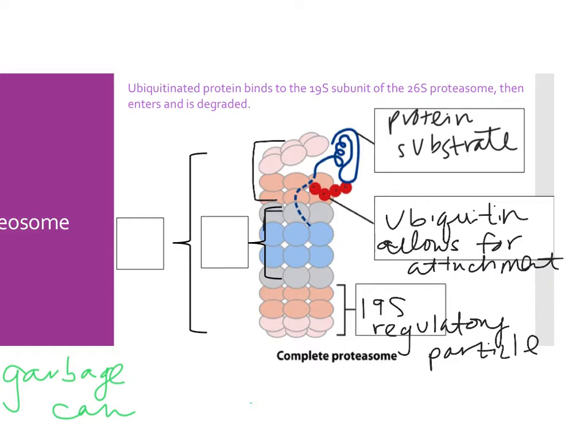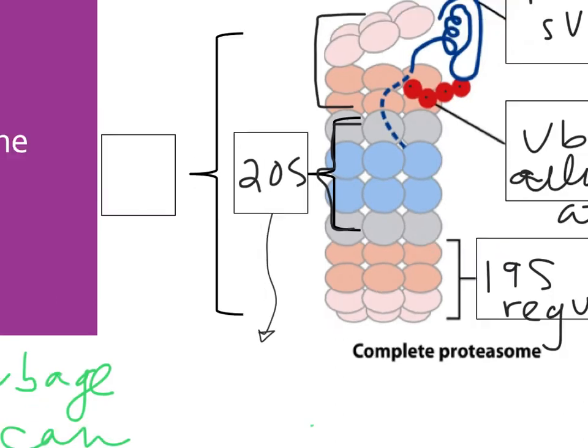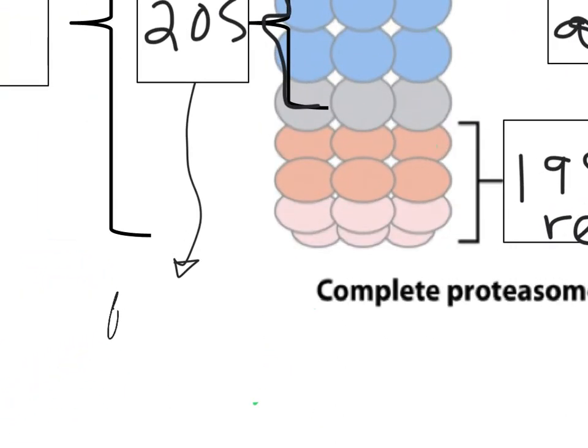The middle piece here in the blue and the gray is called the 20S particle. And the function of the 20S is the proteolytic cleavage.